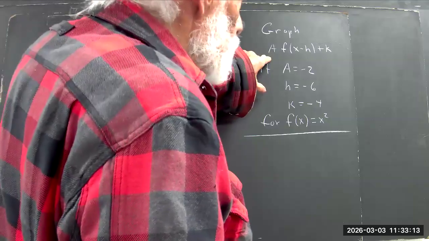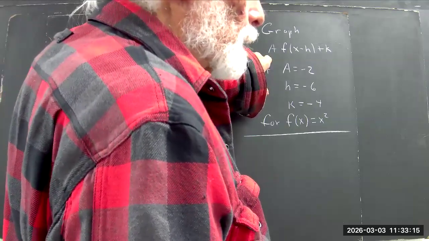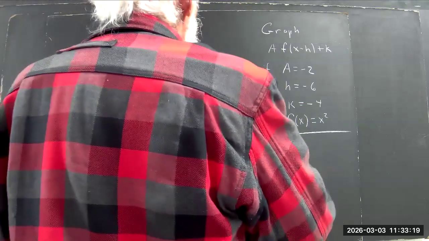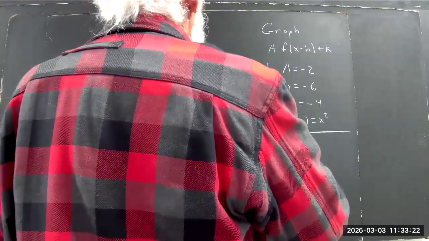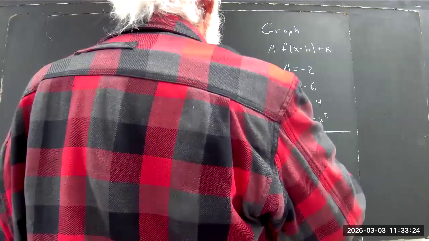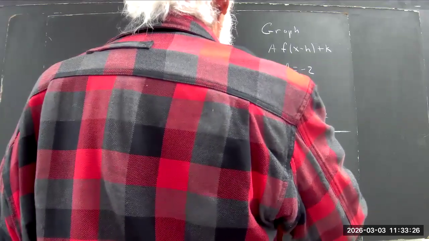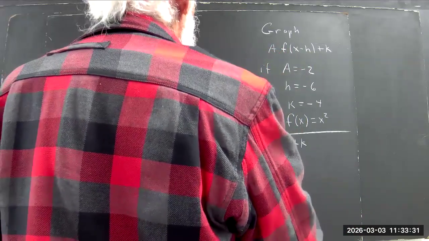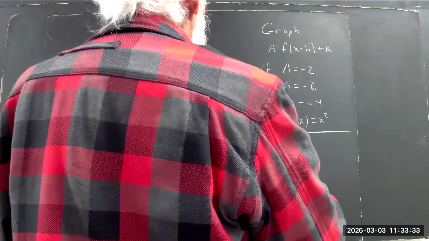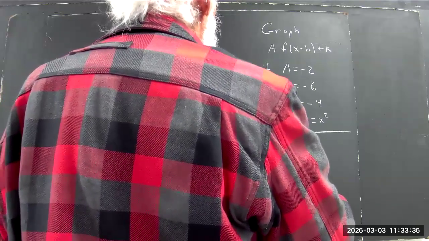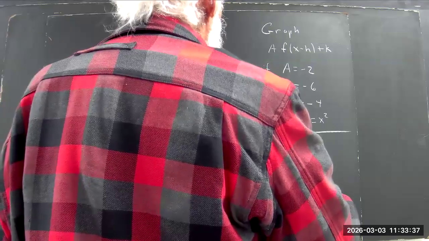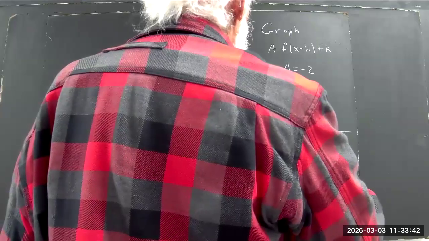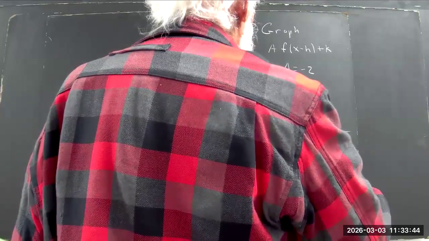We do the multiplication before we do any addition or subtraction. We're multiplying by a. For the given values of a, h, and k, that is negative 2 times f of x minus h, which is x minus negative 6, plus k. Well, we can write that plus negative 4.